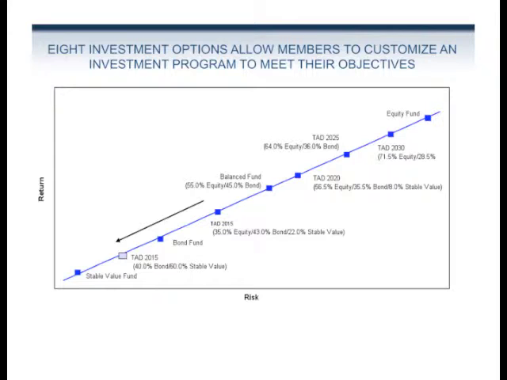We've put the TAD funds along this line, and right now the TAD 2015 fund falls between the bond fund and the balanced fund. But as we approach that year 2015, that will become less risky than the bond fund because the asset mix by the time you approach retirement will be 60% stable value, 40% bonds.